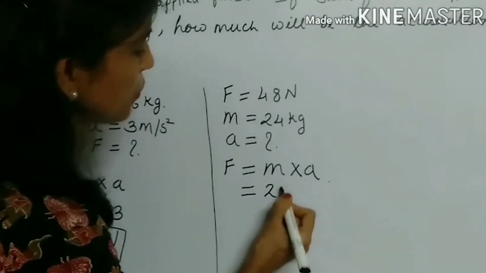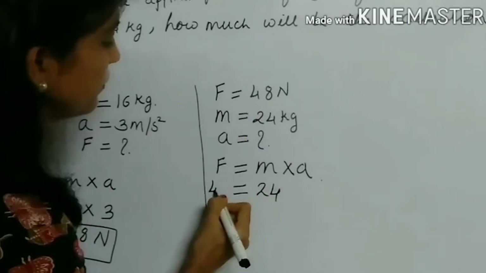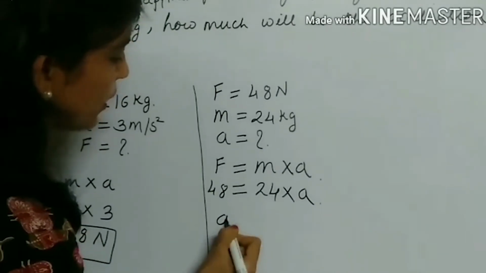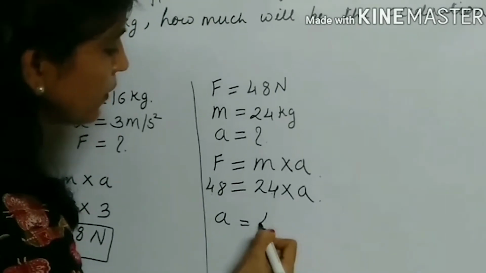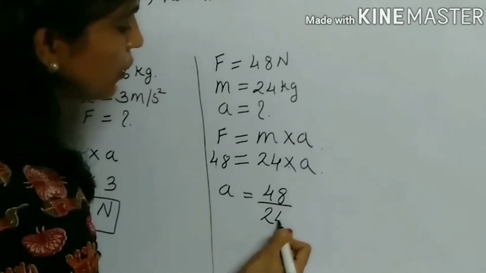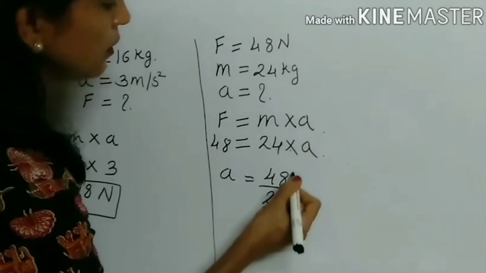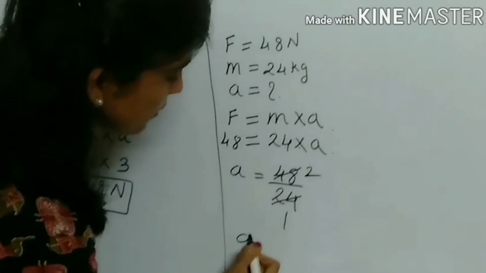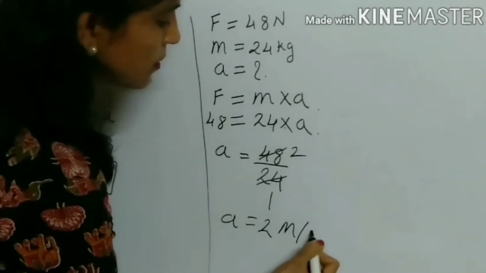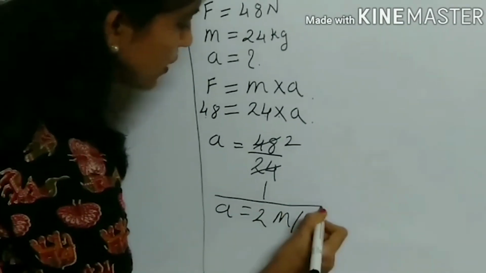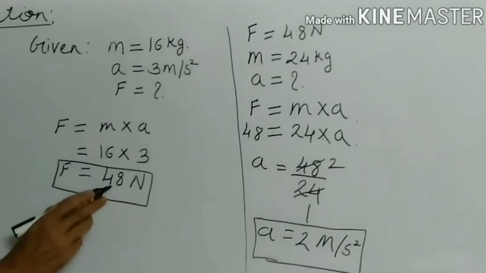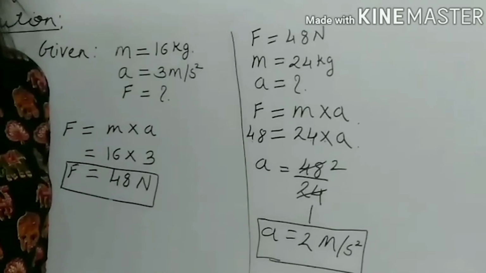Mass is 24, force is 48 Newton and acceleration is to be found out. So A is equal to, let us take this 24 this side. Here it is multiply, that side it will go, it becomes division. 48 divided by 24. 24 ones are 24, twos are 48. So A is 2. So what is unit of acceleration we have learned? Meter per second square. So we got acceleration as 2 meter per second square and force as 48 newtons. Is that clear to you? I hope you have understood.